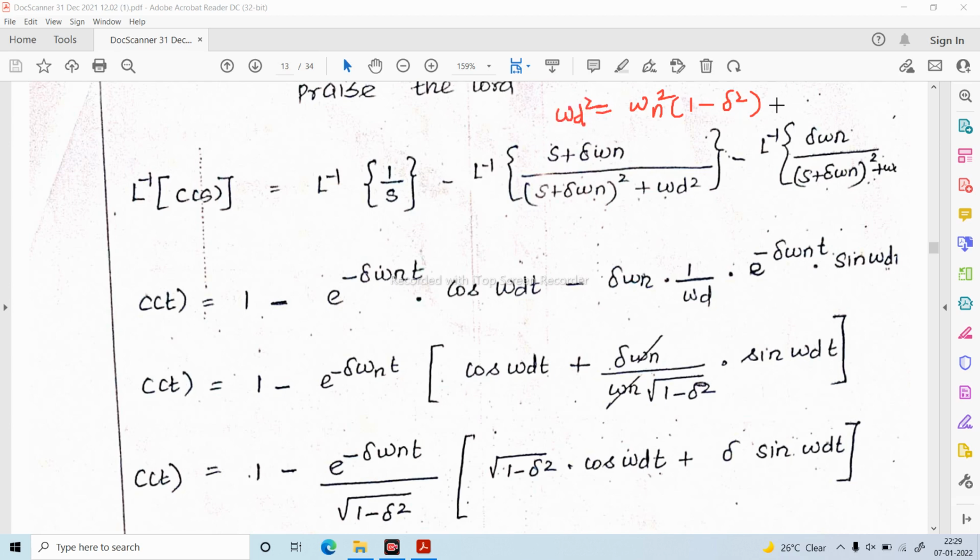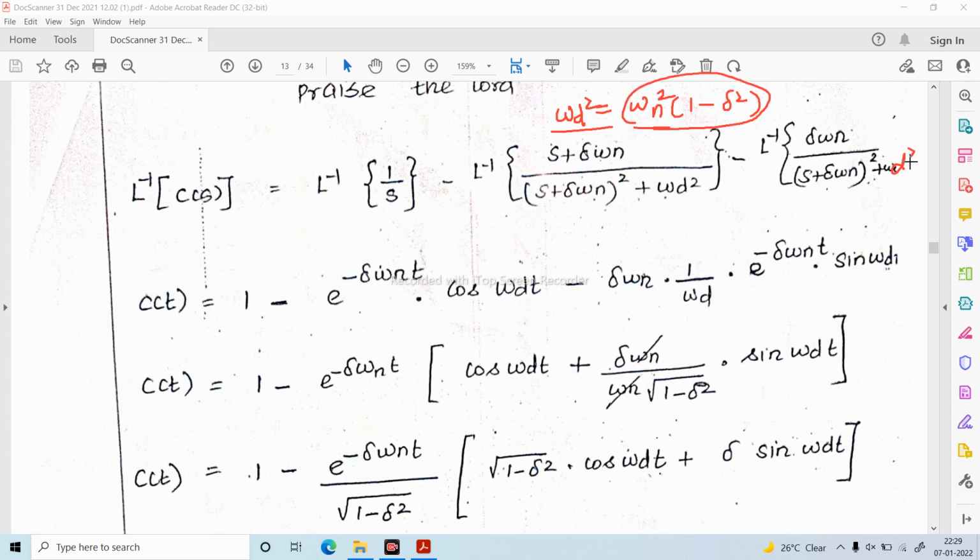So omega d square is omega n square into 1 minus delta square. Here omega d is the damped natural frequency of oscillation. What is omega n here? The natural frequency of oscillation. So wherever omega n square into 1 minus delta square is there, instead of this you have to put omega d square.